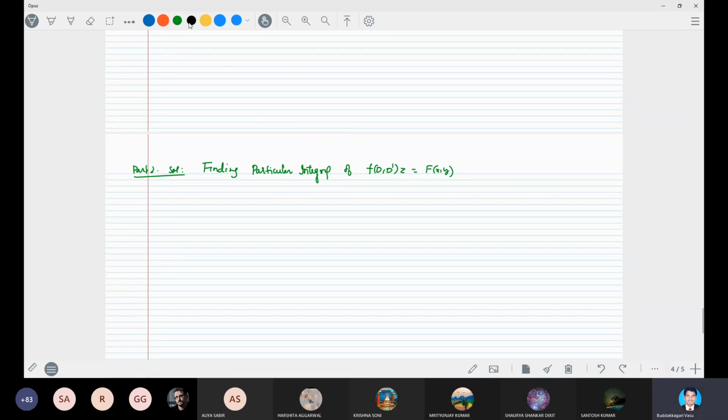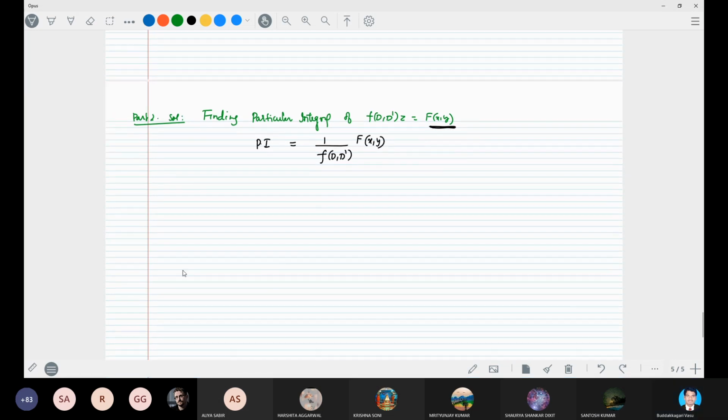What is the particular integral, PI? It is 1 upon f(D, D') of f(x, y). Here one must be very keen about the RHS function. That makes the working rule.